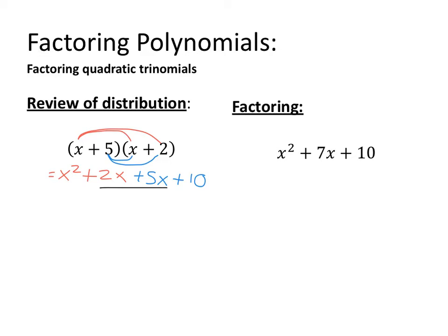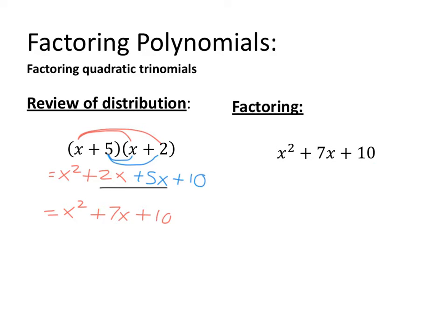So we'll rewrite this as x squared plus 2x plus 5x, which is 7x, so plus 7x, and then plus 10. The reason I show you this particular example is because we started off with these two sets of parentheses, and as we multiplied it out, we ended up with this, which is the same thing that we're asked to factor in this particular example.